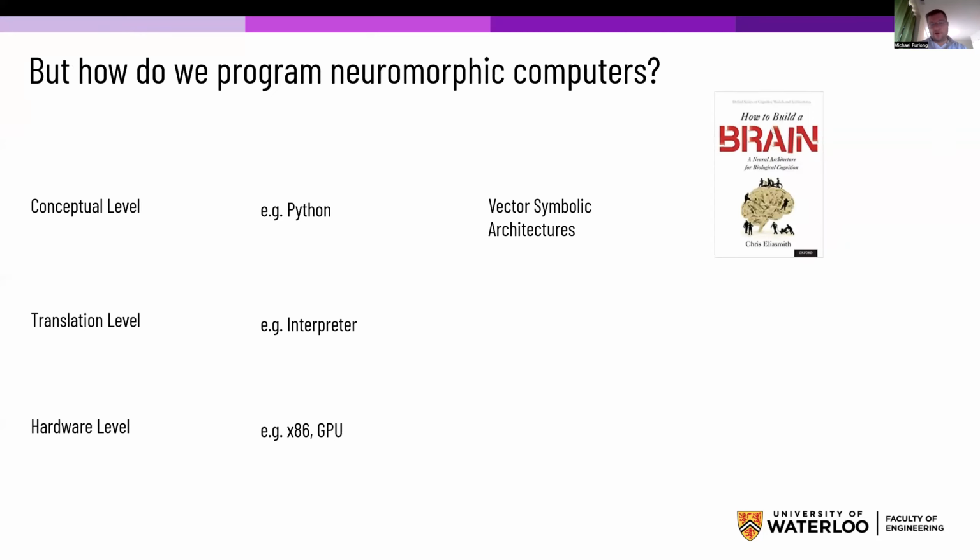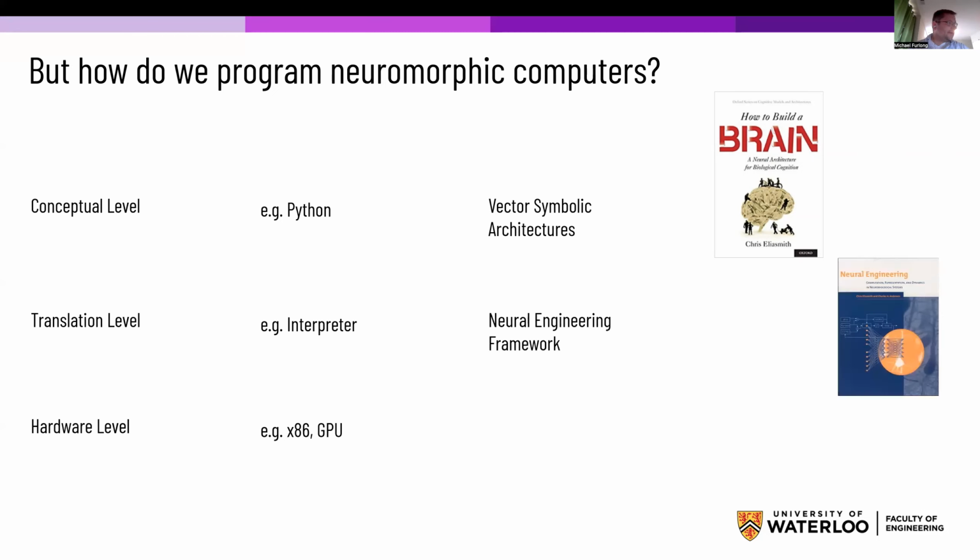And here I'm showing my bias to the work that's been done at the University of Waterloo, where I'm currently positioned. But of course, there are many fine researchers in this area who've been using these systems to bridge the gap between symbolic and connectionist models.